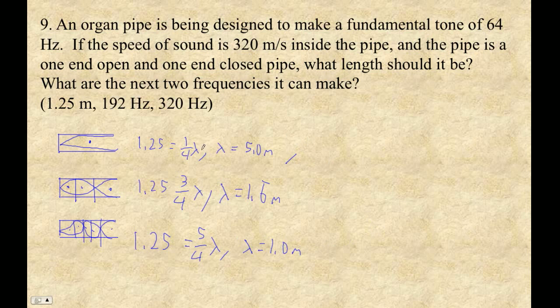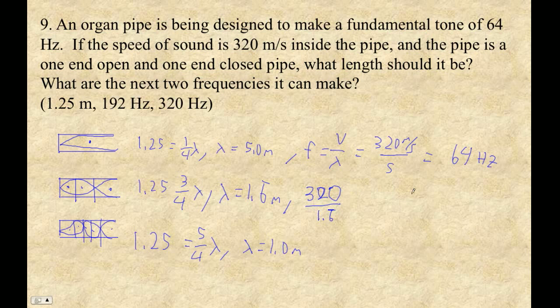Now for all of these we can figure out the frequency. Frequency is velocity over wavelength. So 320 meters per second divided by 5 is, of course, our 64 that we got it from. We got the 5 meters from that. And then for this one, the frequency is 320 divided by 1.6 repeating, a lot of sixes.